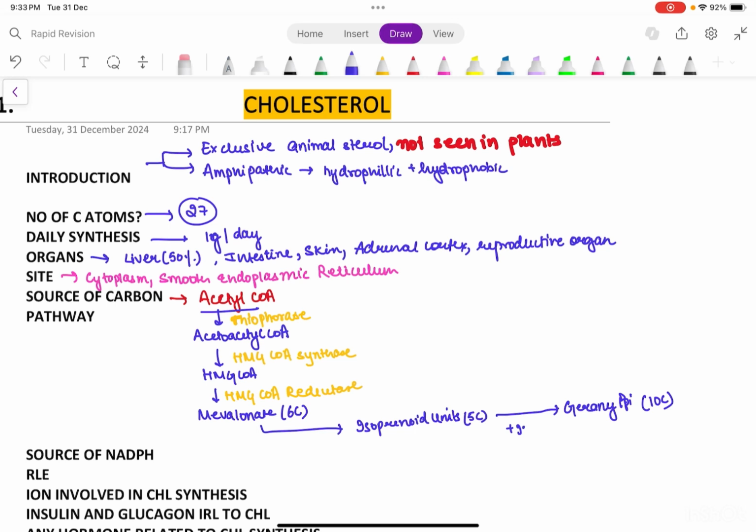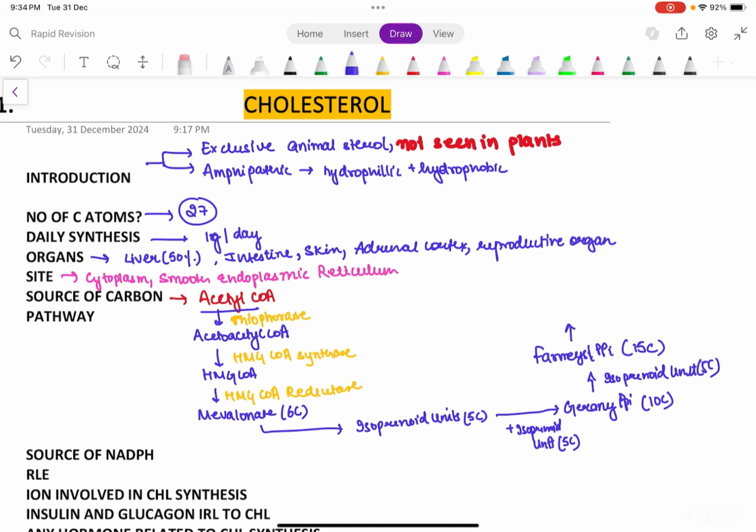How we will get it? By isoprenoid unit, again combining. So it's like 5C, 5C, 10C. Then again isoprenoid unit will combine and we will get a 15 carbon farnesyl PPI, with inorganic phosphate.